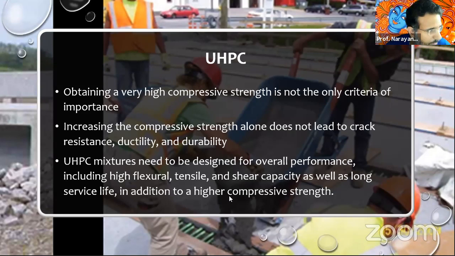Compressive strength is one thing, but we need flexural strength, tensile strength, shear capacity. If you're building multi-story structures or bridges, you need high shear capacity, you need service life, you need all of those things. So we need to look at a complex of different things, and that is where the whole concept of ultra high performance concrete becomes important. It's not just to get a high strength that you can get in whichever way you want. The idea is to make sure that you are getting a high performance from all different aspects.